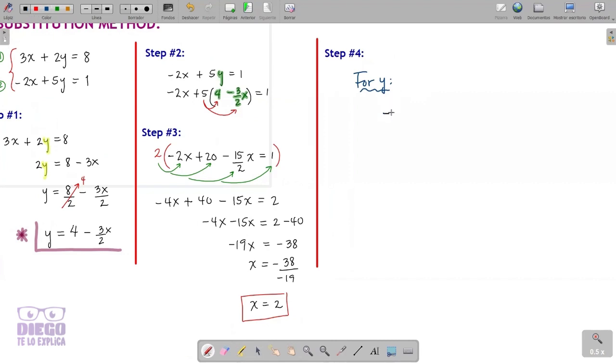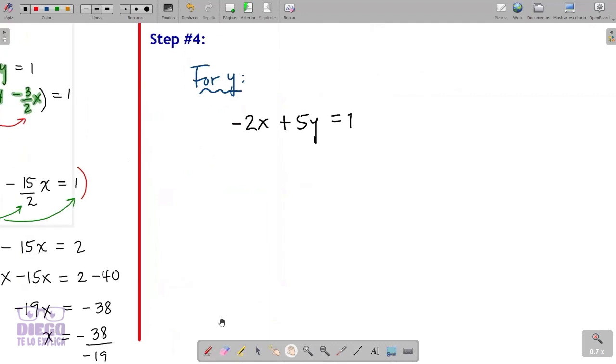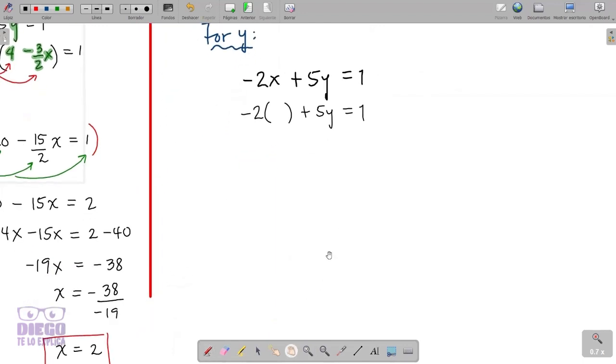So, minus 2x plus 5y equals 1. I'm going to replace the x value here. What is the x value? 2. So I replace the x by 2.